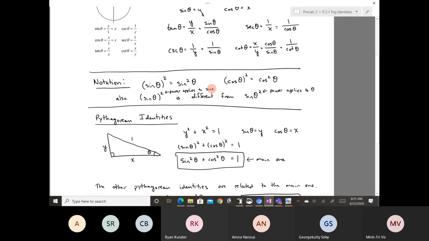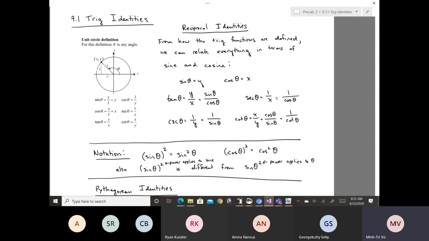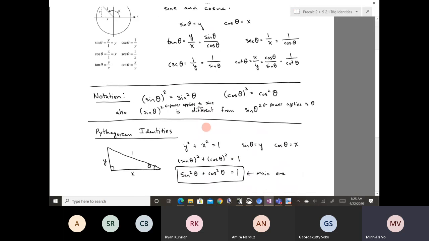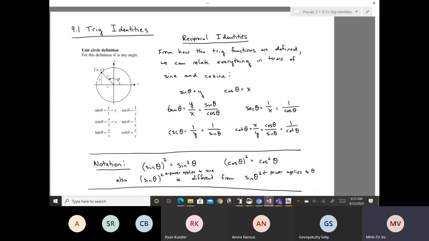In the first page of the section 9.1 worksheet, it's basically explaining where these particular identities come from, right? As for the reciprocal identities, they come from the formulas given by the unit circle.